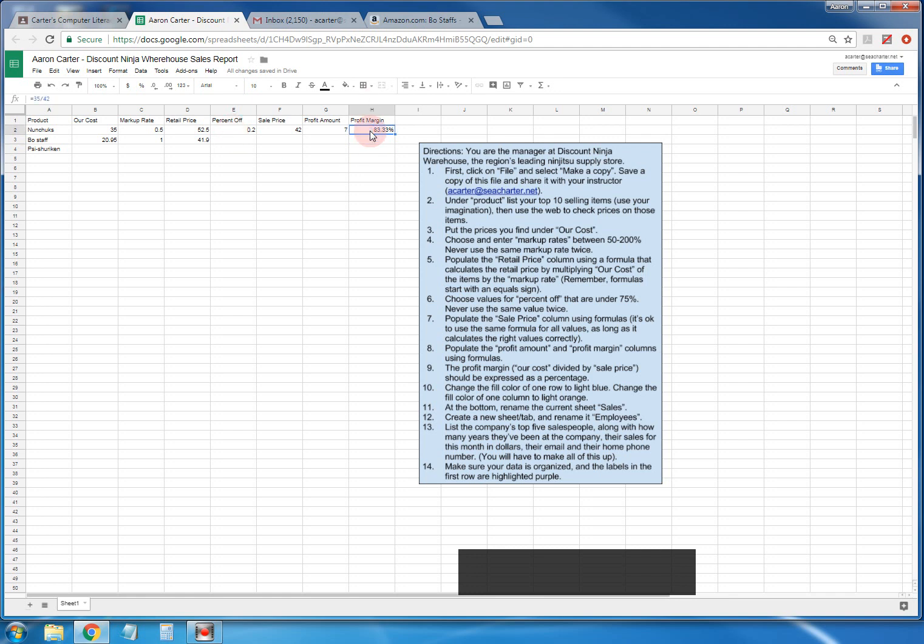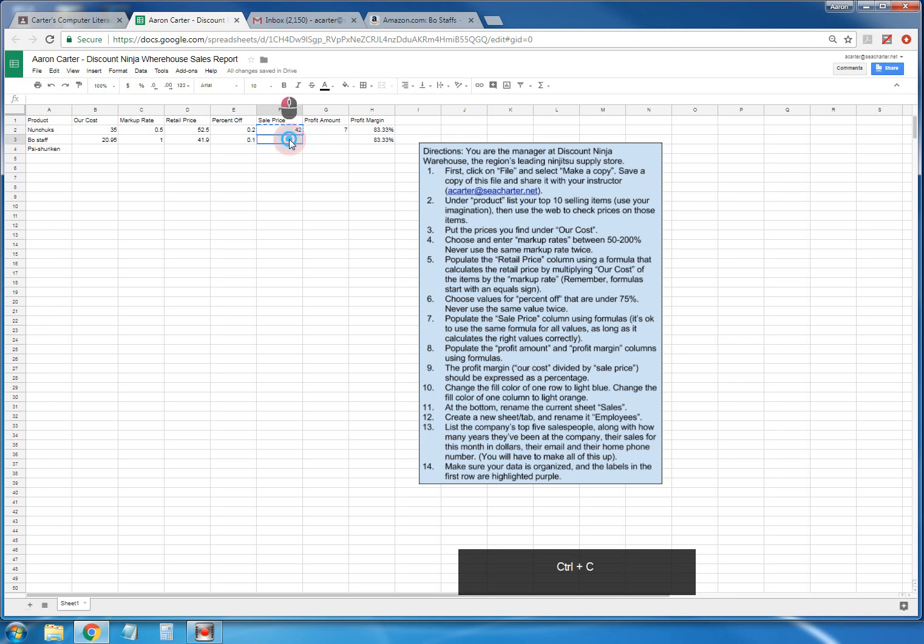The only problem is, if we try to copy that, Control C, and paste it here, Control V, it's not going to give us a number that works for the bow staff. It's just going to copy and paste the same value.